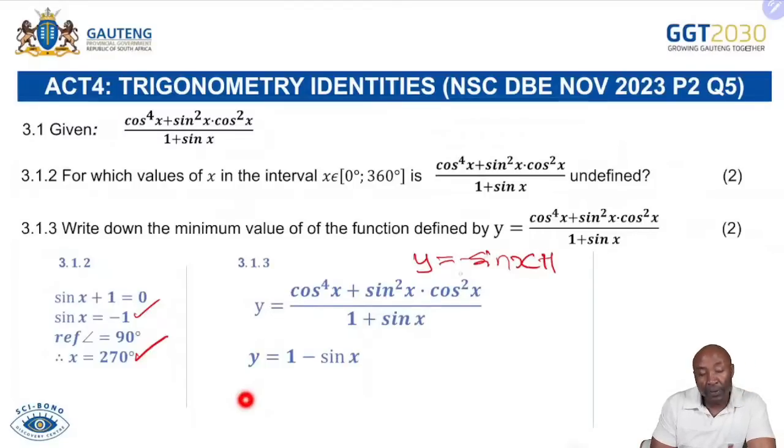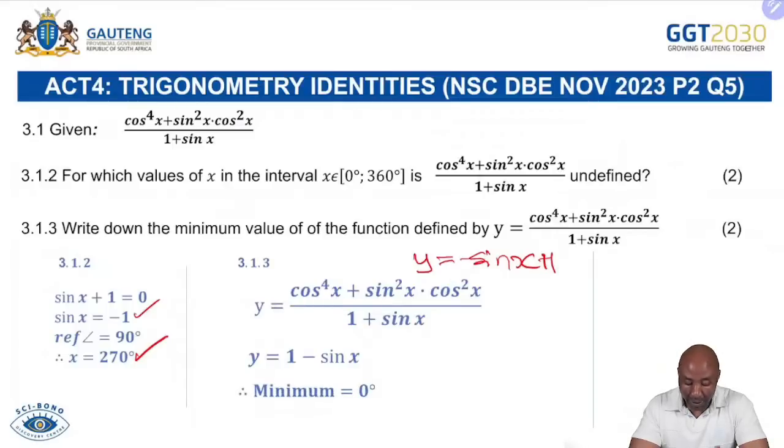The graph of this function, we know that we are shifting it 1 unit up. We reflect the original graph of sine about the x-axis and we shift it 1 unit up. You should be able to get the minimum value of the function between 0 and 360 degrees. It will occur at 0 degrees because that should give us the answer there.